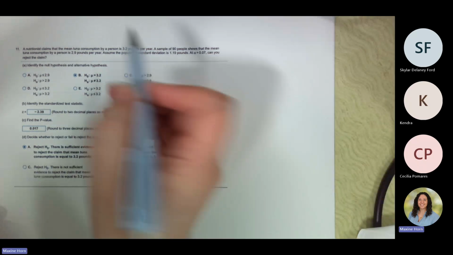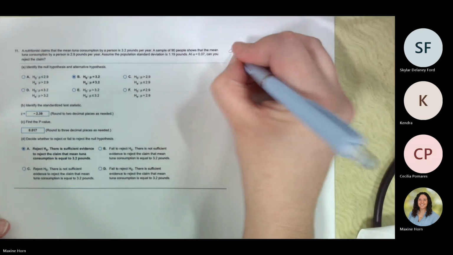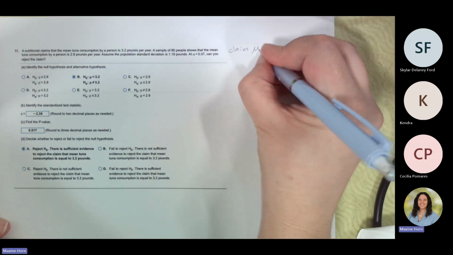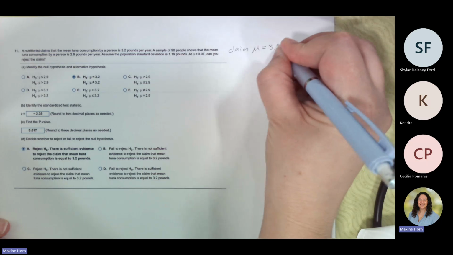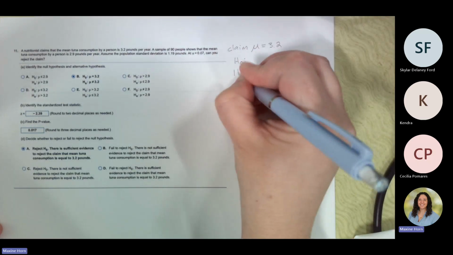Right, so we're going to go through and calculate all this. The nutritionist is claiming that the mean consumption is 3.2 pounds per year. So we have to say, is that our null or our alternative?